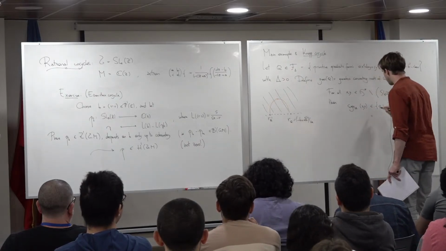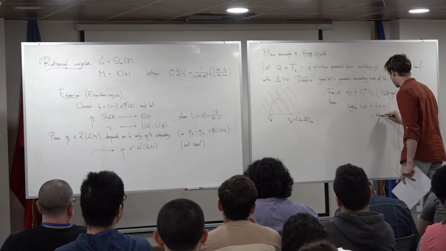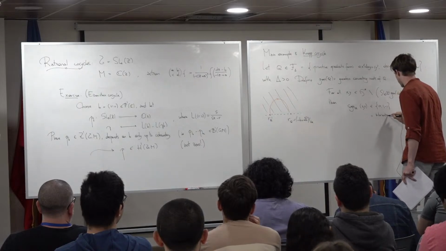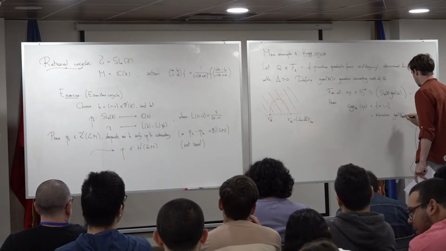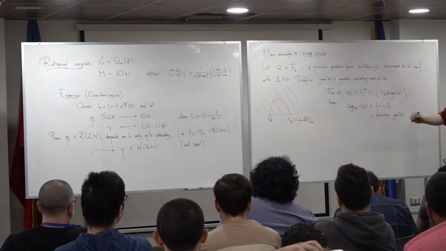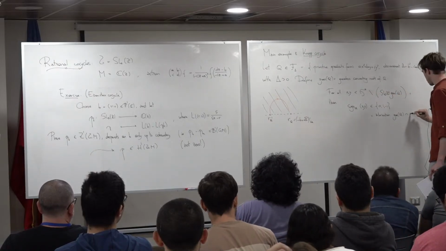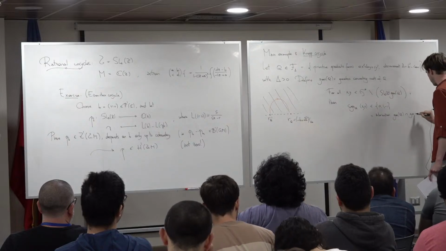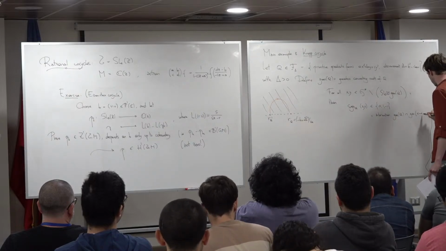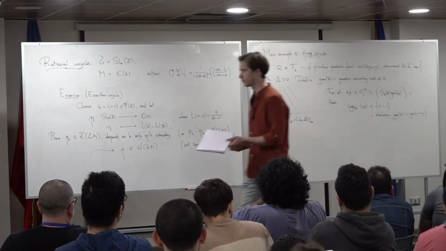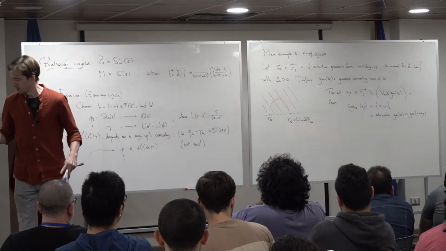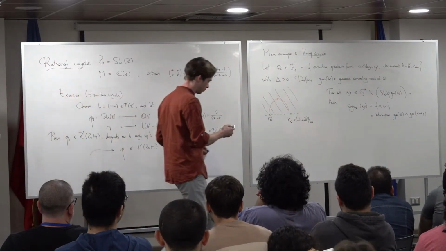And I want this to be the intersection of the geodesic defined by Q, which I drew here in orange, and the hyperbolic geodesic connecting x to y. Okay. So let's draw that.